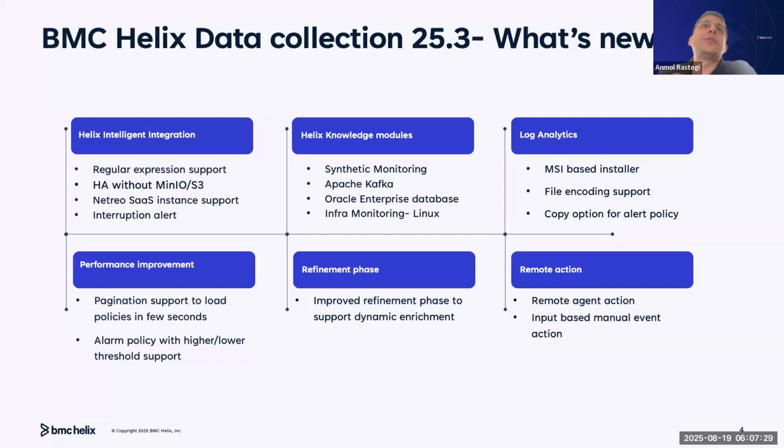We also improved the Netreo integration. Earlier, we were doing the Netreo integration for on-prem installs, but now we also support SaaS-based instance support for Netreo. One of the important things to call out here is that we also added support for the interruption alert.